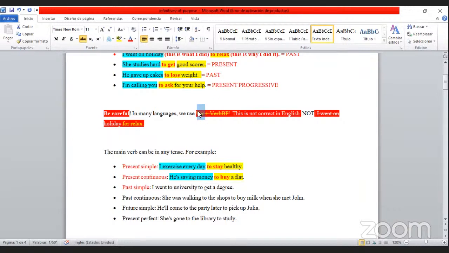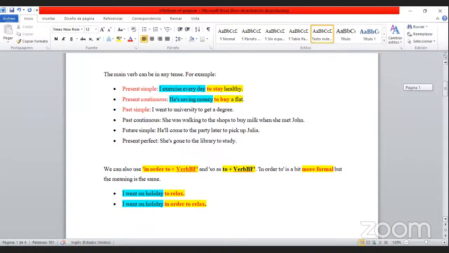They use for and then the verb for giving reasons. That is incorrect. We don't use for. For example, I went on holiday for relax. It is not okay. So always, always with to and the verb in base form.